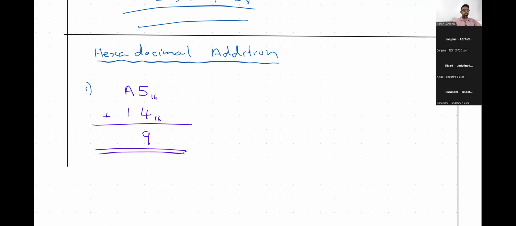A means 10. 10 plus 1 is 11. Can you represent 11 directly in the hexadecimal number system? 11 means what? 10, 11, 12, 13, 14, 15.